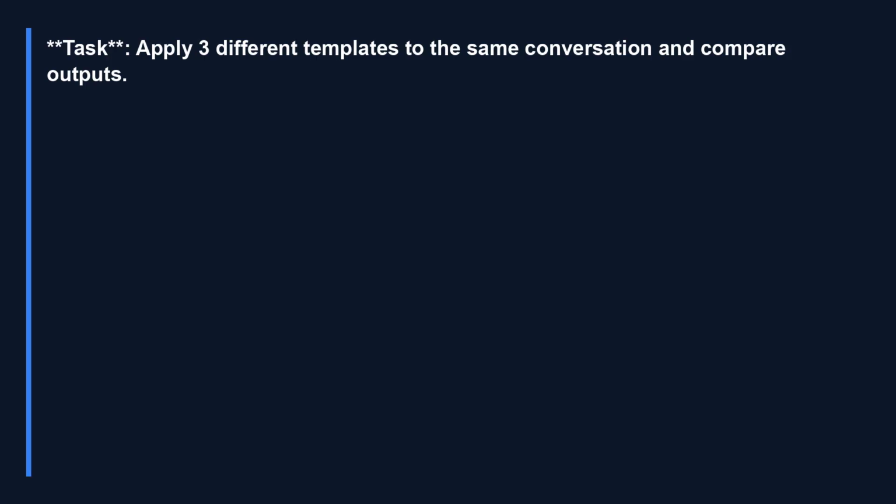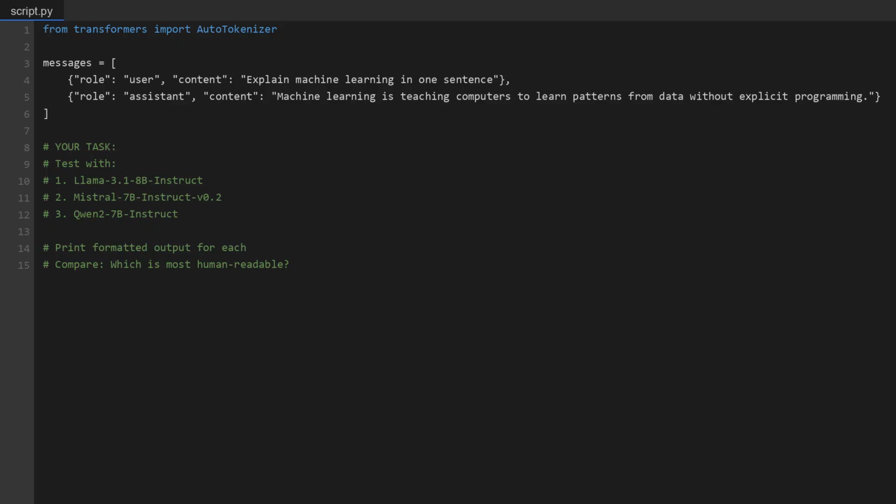Exercise 2. Apply 3 different templates to the same conversation and compare the outputs directly. The setup: a single messages list with a user question about machine learning and an assistant response. Your task is to run the same conversation through 3 tokenizers: llama-3.1-8b-instruct, mistral-7b-instruct-v0.2, and Qwen.